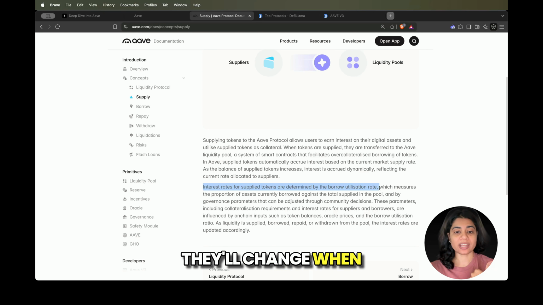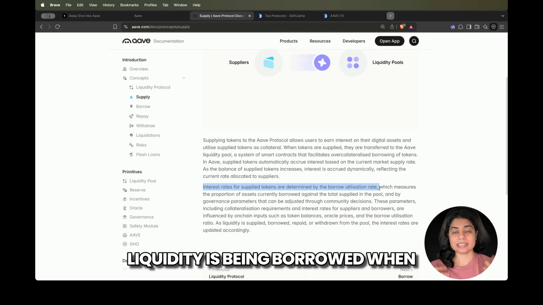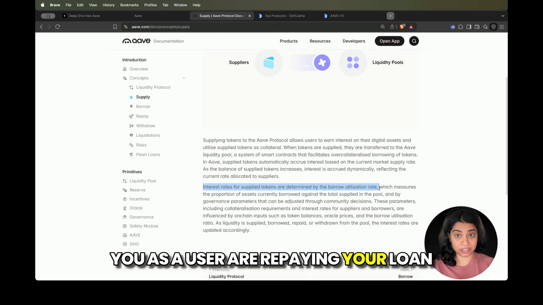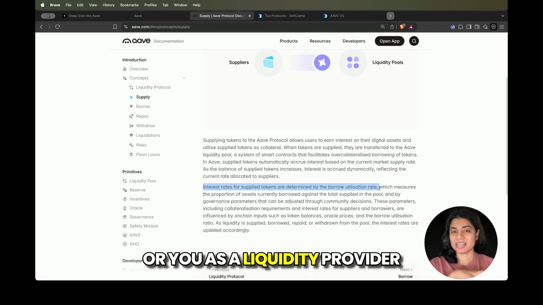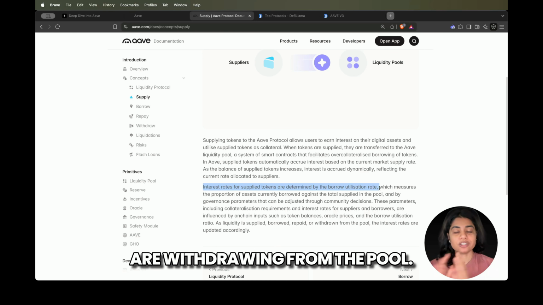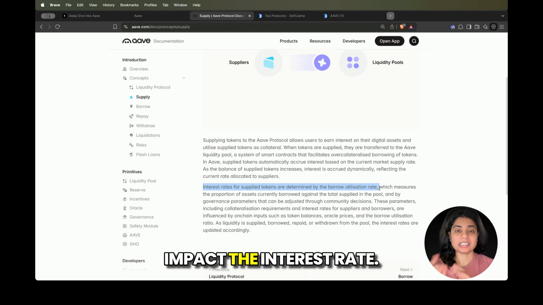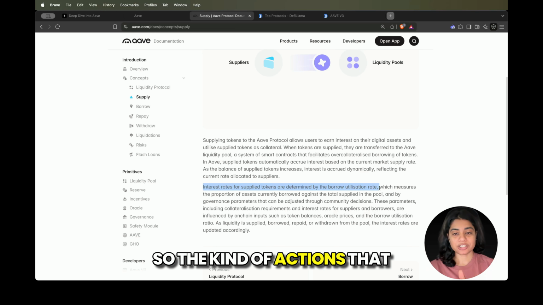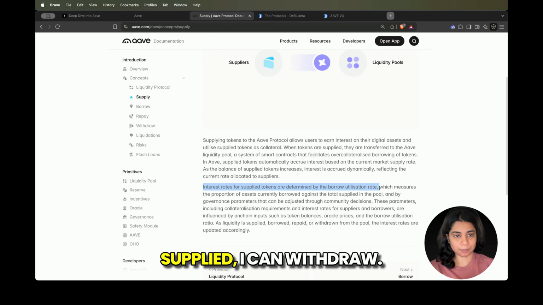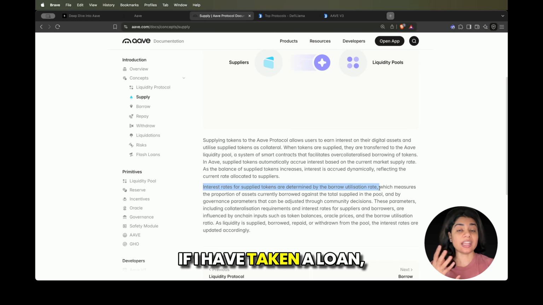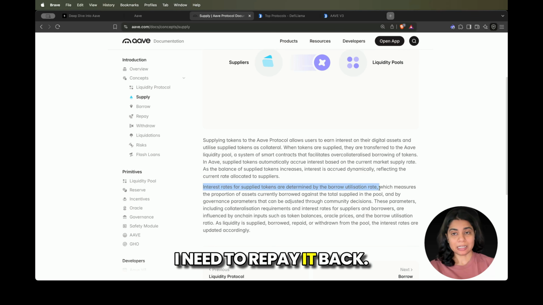They change when liquidity is supplied, when liquidity is borrowed, when you as a user repay your loan, or when you as a liquidity provider withdraw from the pool. So all of these actions that somebody can do in a liquidity pool impact the interest rate. If I have supplied, I can withdraw. If I've taken a loan, I need to repay it, right?